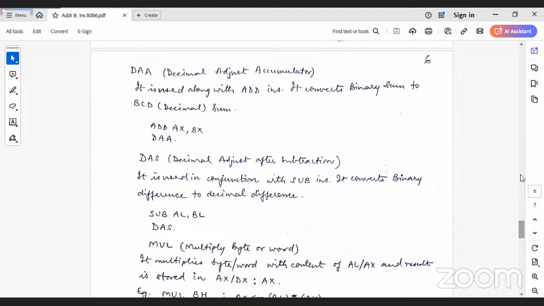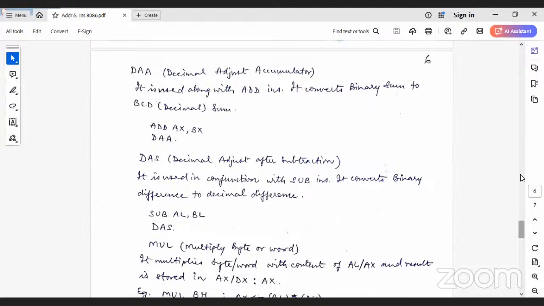The result will be stored in your BCD number system after using the instruction DAS. So this is how it is when you are doing the subtraction of the data.